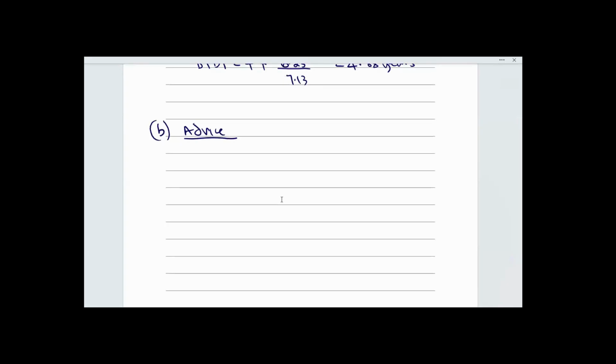I will then say the project is financially viable, considering the positive NPV of 888 million naira.